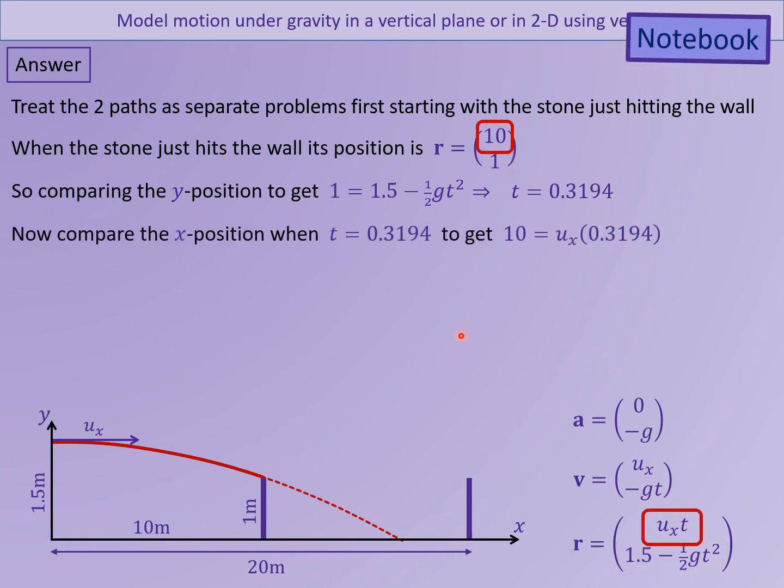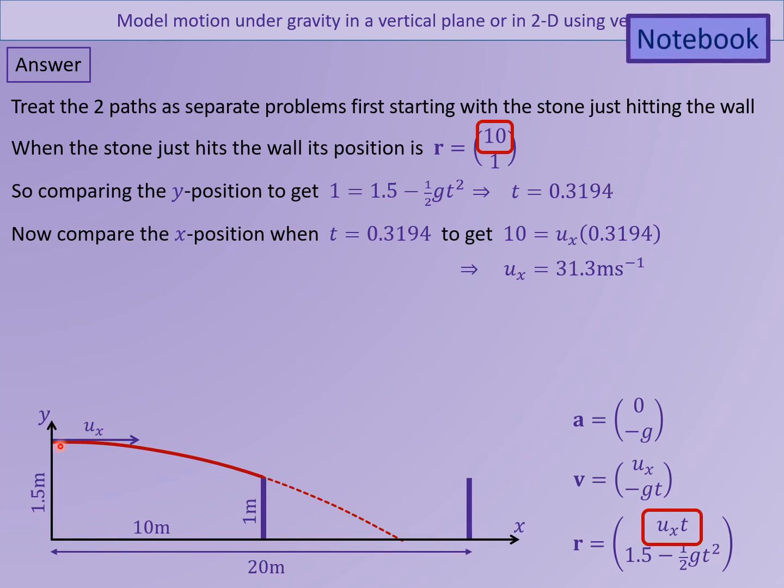So if I substitute that into this equation and rearrange, I get my initial speed of 31.3 meters per second. If it's greater than 31.3, it will be fast enough to clear that point. If it's slower than 31.3, it's going to come down and hit the wall early. If it's exactly 31.3, it will touch the top of the wall perfectly.